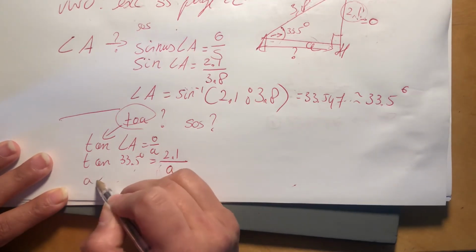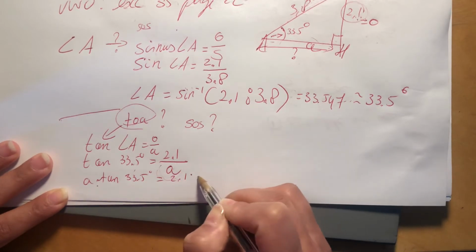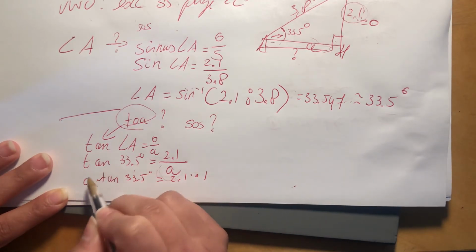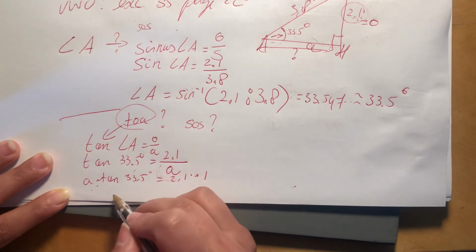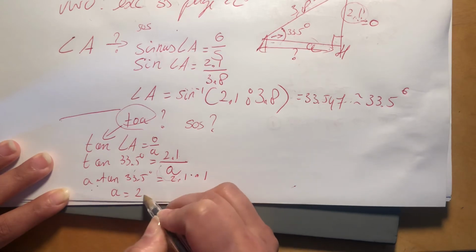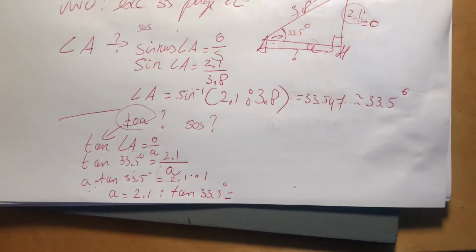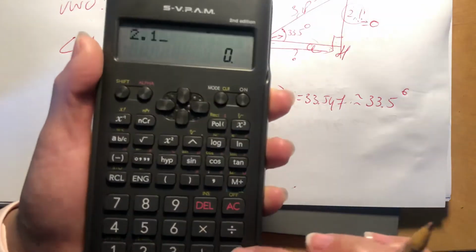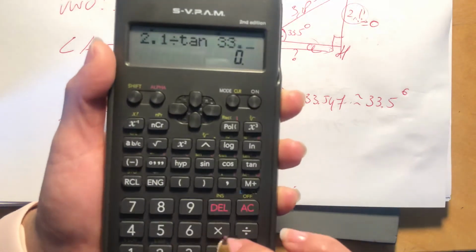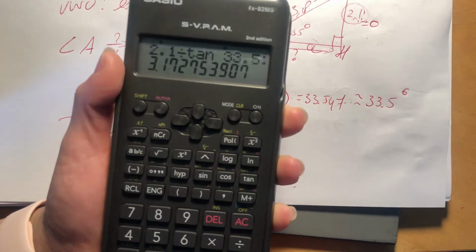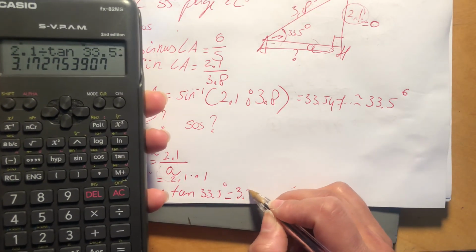You get A times tangent 33.5 degrees is 2.1 times 1, because here the 1 is written. And then to find A, you divide 2.1 by the tangent of 33.5 degrees. So A is 2.1 divided by the tangent of 33.5 degrees. Let's see. 2.1 divided by the tangent of 33.5, and we get, rounding immediately, 3.2 centimeters.